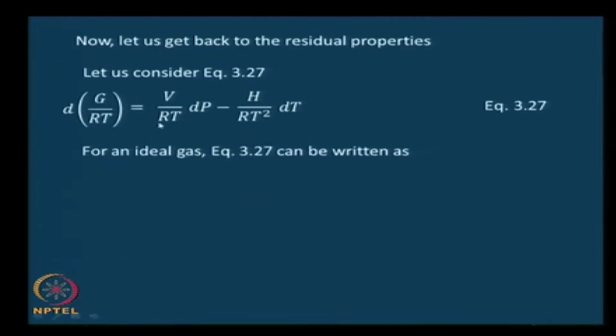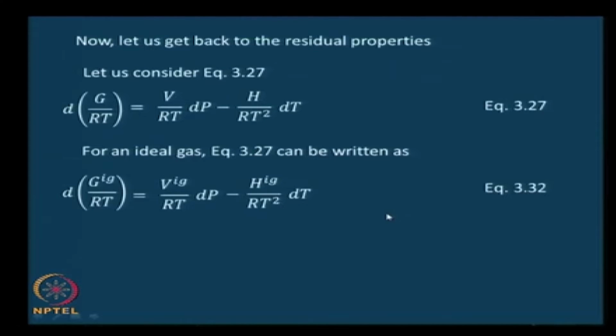If we write this for an ideal gas, then this becomes D of G ideal gas by RT equals V ideal gas by RT dP minus H of ideal gas by RT squared dT. Let us call this equation 3.32 to be in line. 3.27 came a little earlier, equation 3.32 is the next number in sequence.